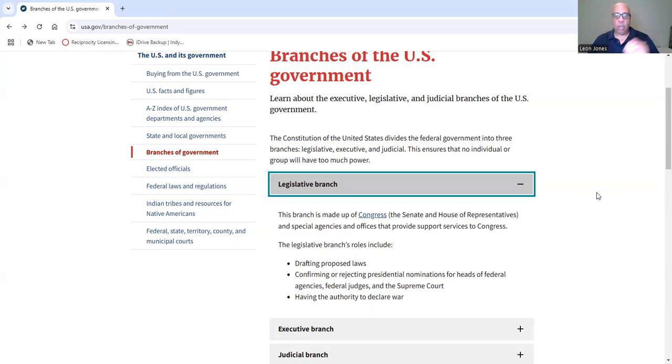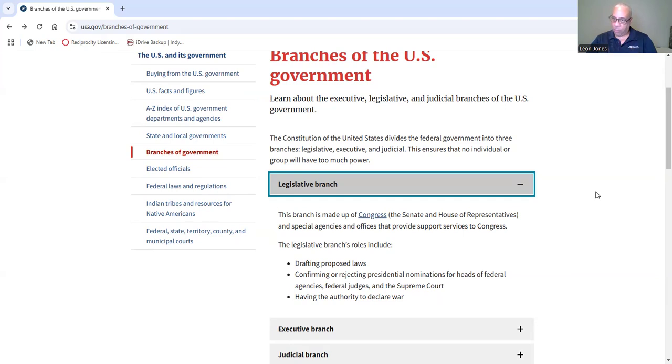Congress is who sits in the Capitol in Washington, D.C. It includes the Senate, the House of Representatives, and special agencies and offices that provide support services to Congress.